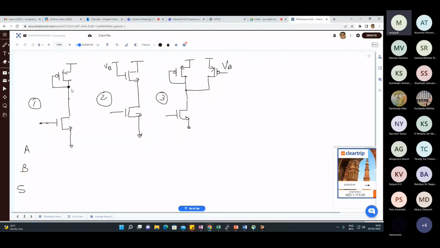So I hope you people can draw the small signal model for this one. The first one, if I draw the small signal model, what is happening? I had asked this question in the class also. Looking into the drain of this MOSFET, the gate and drain are shorted together. So if you change the drain voltage, the gate voltage also changes by the same amount, and the source is fixed. So basically, we are changing the VSG of this MOSFET.